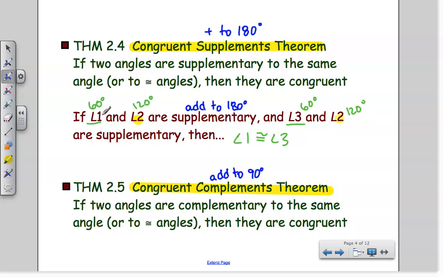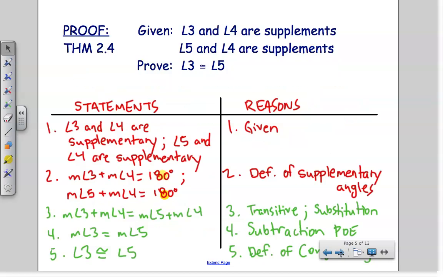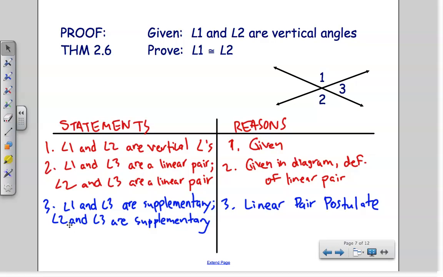Excuse me, I have 1 and 2 both supplementary with 3, just like here I had 1 and 3 both supplementary with 2. So I can use the congruent supplements theorem. In this case, I do have two angles supplementary to the same angle. Look, these two angles are both supplementary with angle 3, so therefore they are congruent.